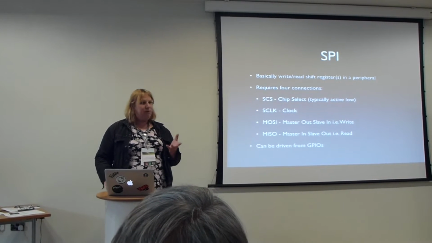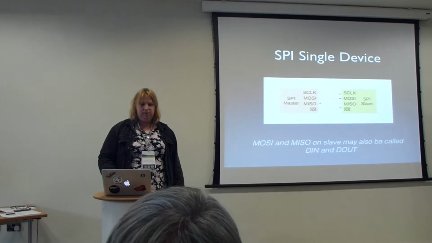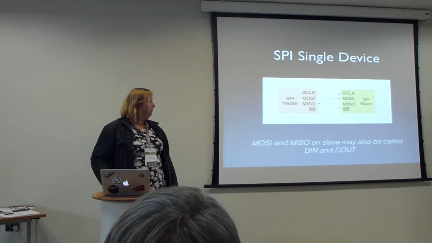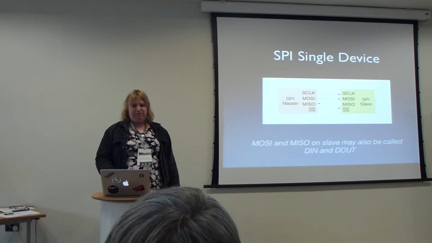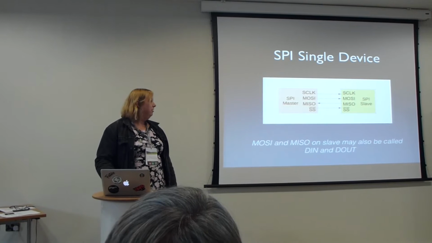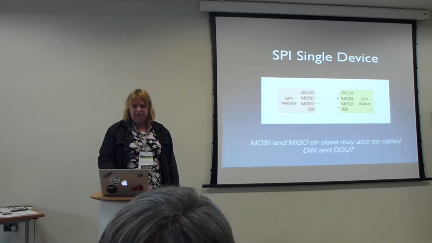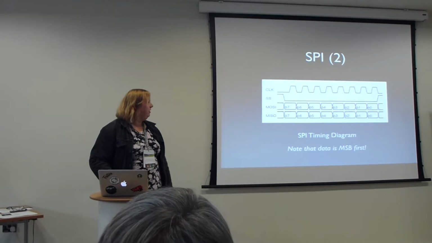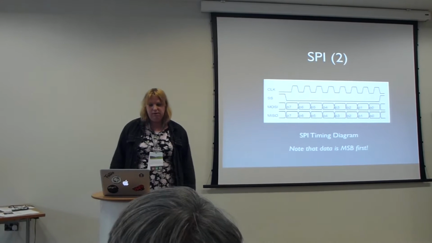Because it's pretty simple, you can actually implement it in software just using GPIOs. Wiring it up is as simple as that: connect MOSI to MOSI and MISO to MISO, but you might see them labelled as data in and data out. And the data is clocked in, most significant bit first.